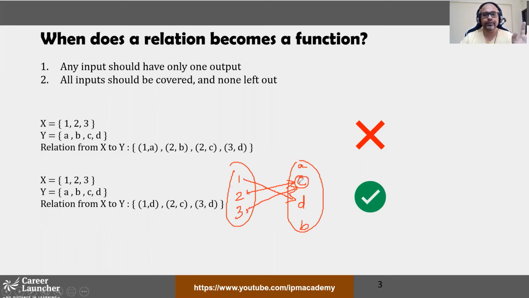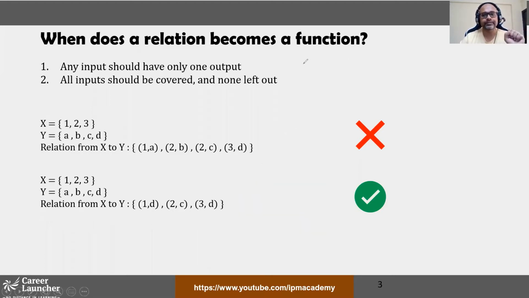That is not a problem. Similarly, in the codomain A and B are left out. That is also not a problem. The only thing is in the domain, nothing should be left out, and one input should not give you two outputs. If these two things happen, this is called a function.